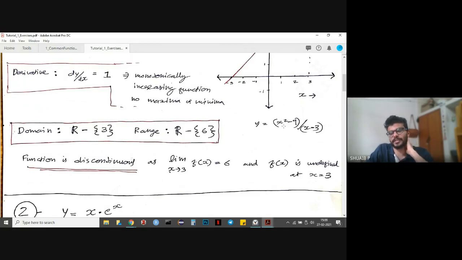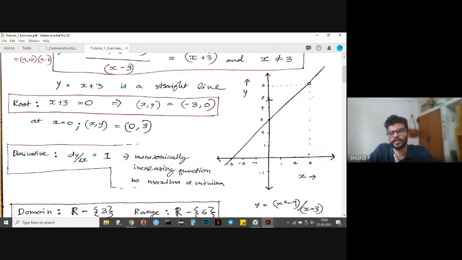So there is a rule called L'Hospital's rule. What essentially you can do is take the derivative of the numerator and denominator and apply limits there. As we could plot this function here, we essentially don't have to do the limit and all. We can see that the limit will be 6 for x equal to 3.